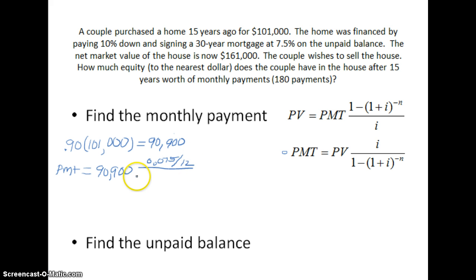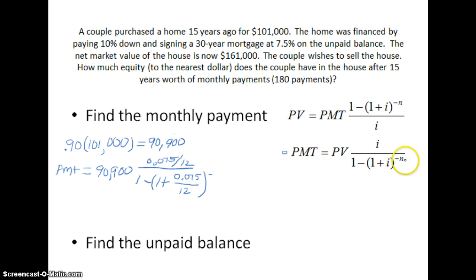And then in the denominator, 1 minus parenthesis, 1 plus the interest rate again divided by 12, 0.075 divided by 12. And then negative N.